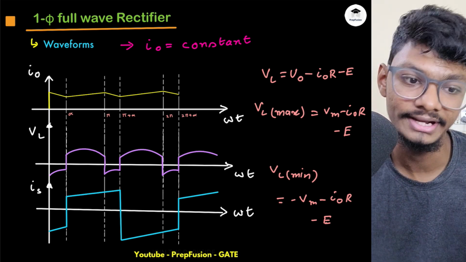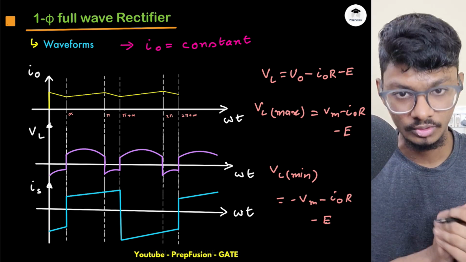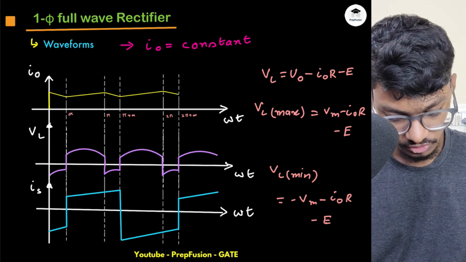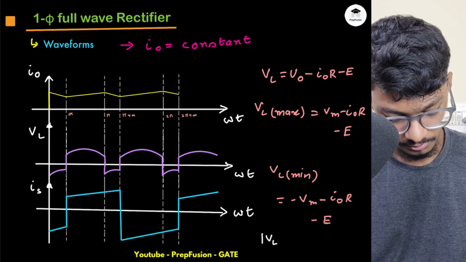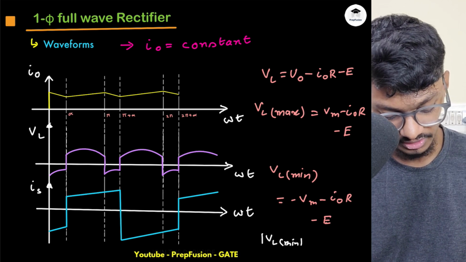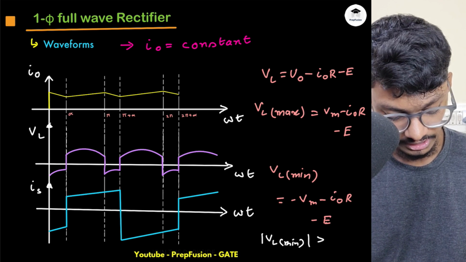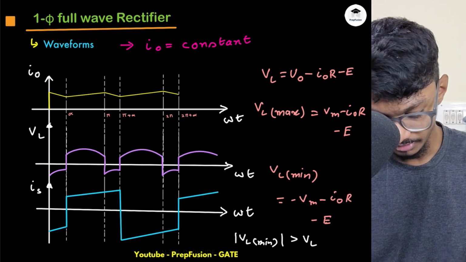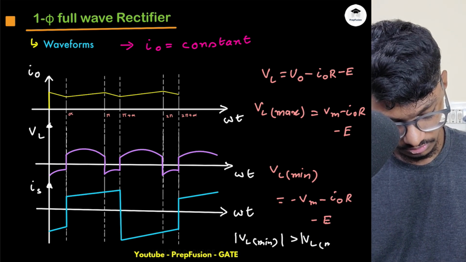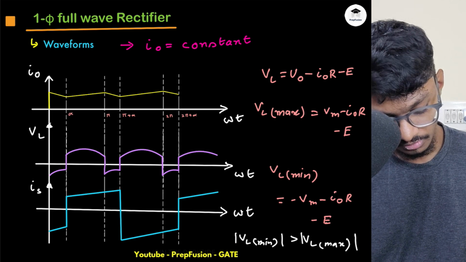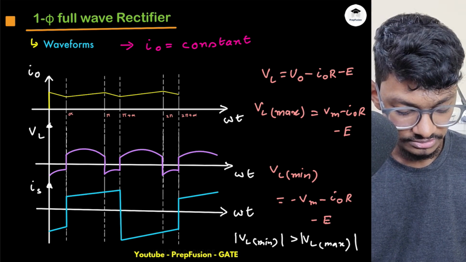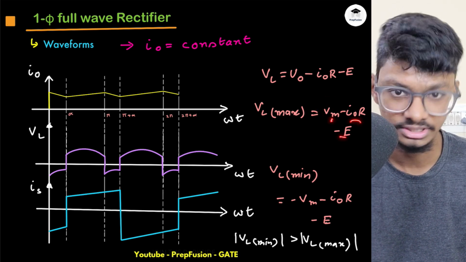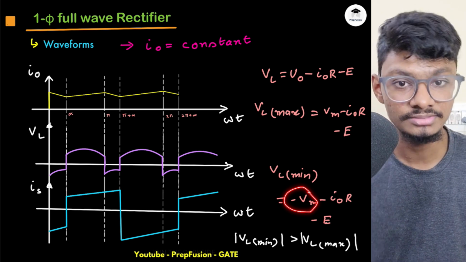And why did I say that the discharging time will be lower than the charging time? Because if you see, the magnitude of VL minimum when it is discharging is greater than VL maximum. Why is the magnitude more? If you observe here, I am subtracting from a negative value, and this is already negative, so I am subtracting an even more negative quantity.